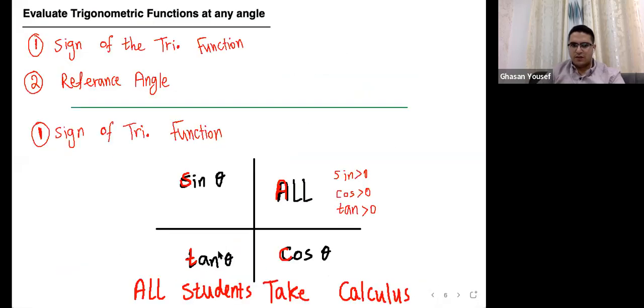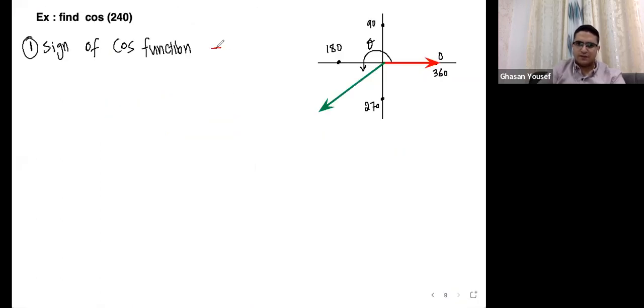The only function in the third quadrant that is positive is tan, and everything else is negative. So the cosine would be negative. Yes, Sandra, negative, correct. So here it's negative. This is the first step. Second step, you have to find the reference angle.